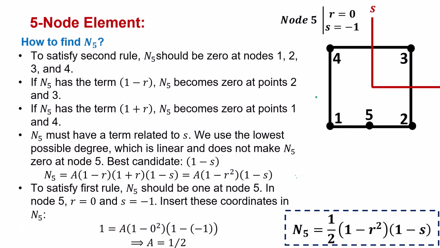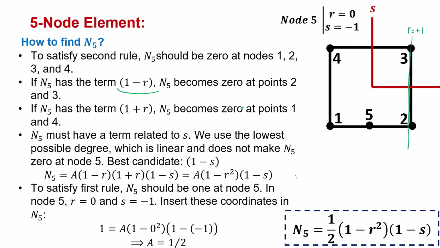Now let's carefully build the shape function for node 5. Remember the two rules. It must be 0 at all other nodes and 1 at its own node. So first, let's make sure it's 0 at nodes 1, 2, 3, and 4. If we include the term 1 minus r, it automatically goes to 0 at nodes 2 and 3, because at nodes 2 and 3, r is equal to plus 1.